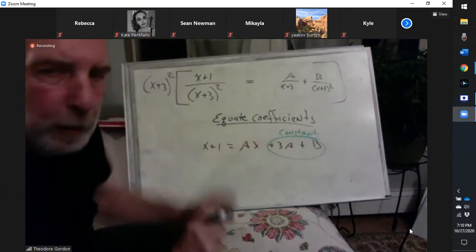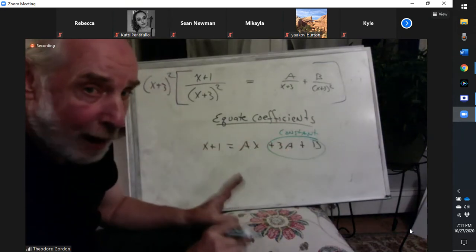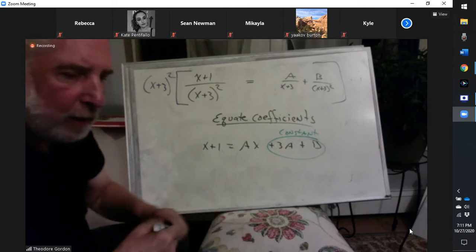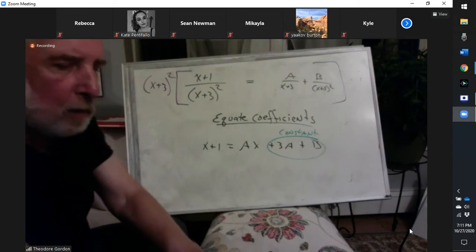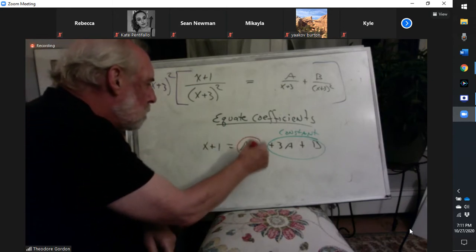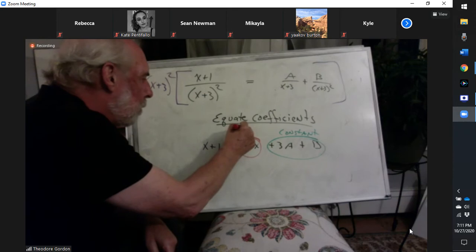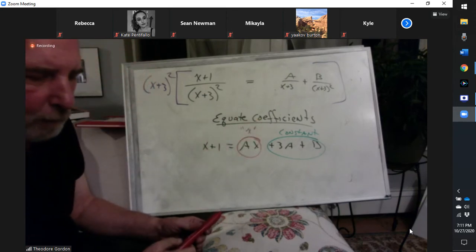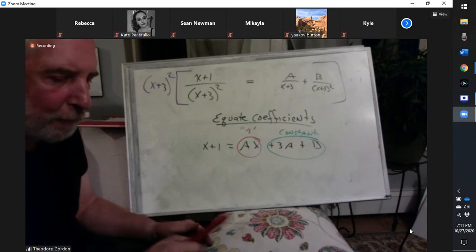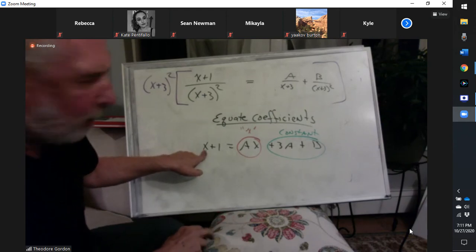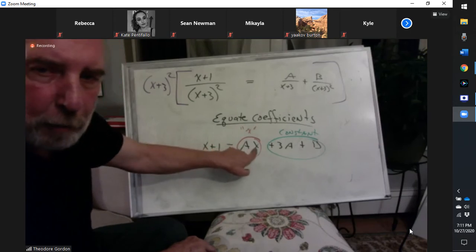So if we look here, those two terms are constants because there's no x over here. This term here has an x in it. So if we look back and forth on both sides, here's an x all by itself, and here's an x all by itself.